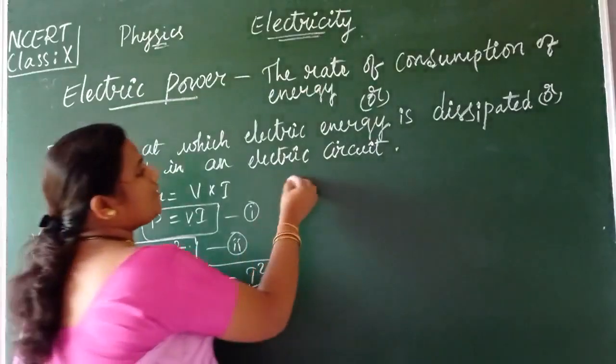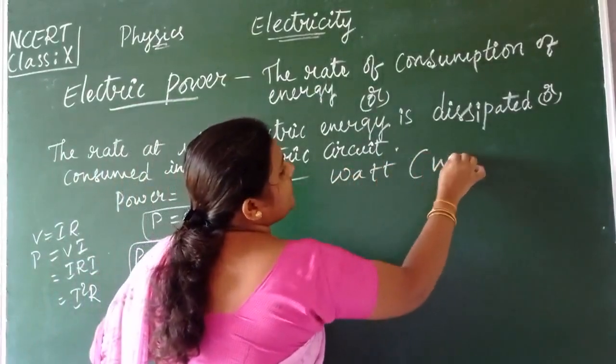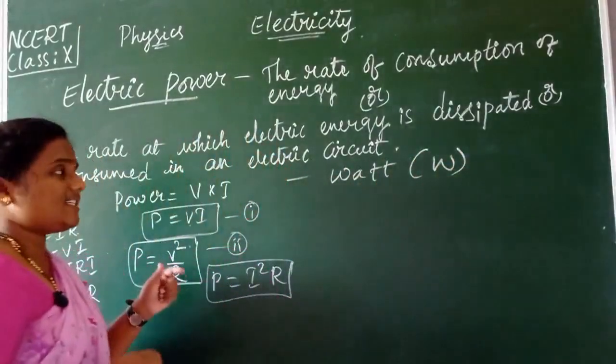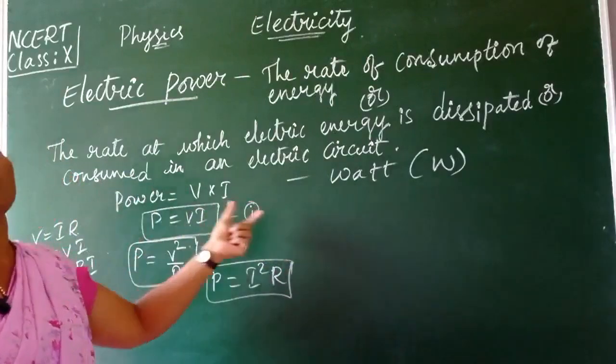And the unit of power is watt, children. It is often represented with capital W. Understand, children? The SI unit of power is watt.